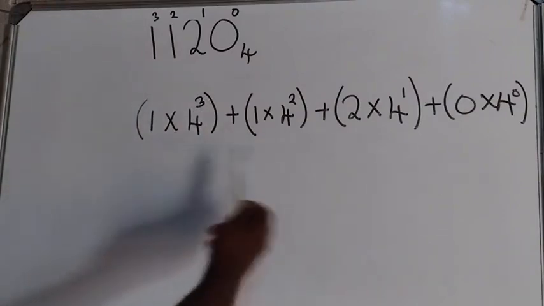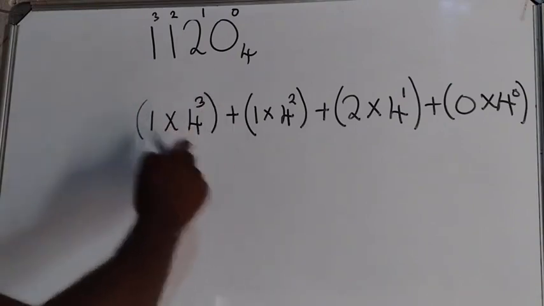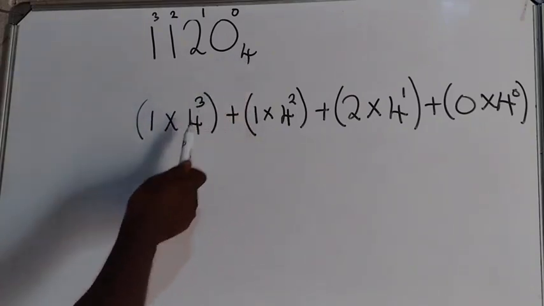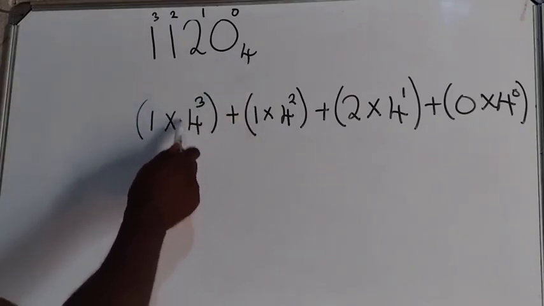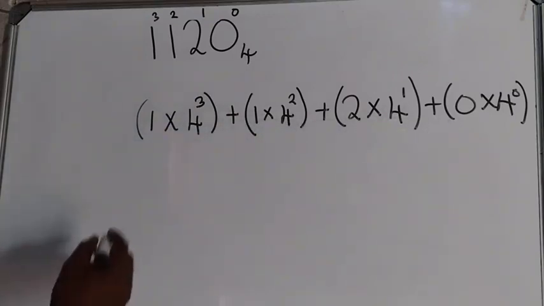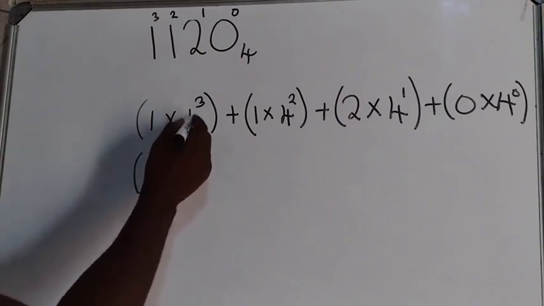So this is what you are supposed to do when you are converting any number which is not in base 10 to base 10. If it's in base 5 or base 2, you have to do this. For instance, if you had base 5, I would have been putting base 5 right here. Now from here, we are going to say 1 times 4 raised to the power of 3.